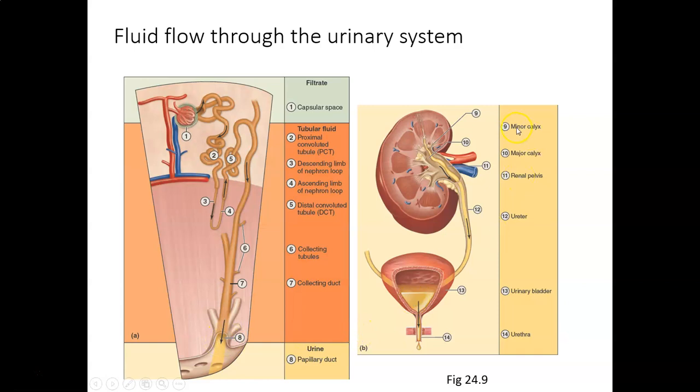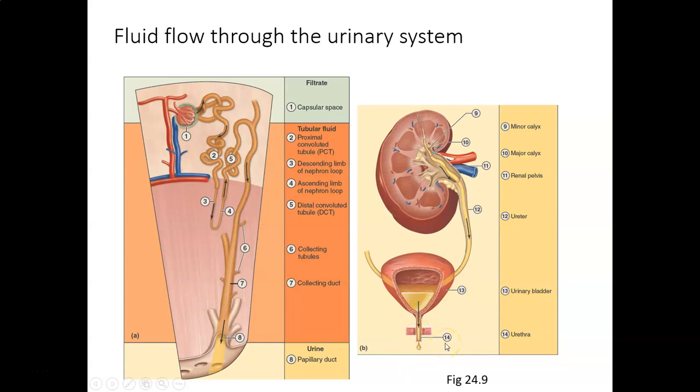And then you have number 9, which will be the minor calyx and the major calyx. Basically the connecting sinuses become bigger and bigger, and then it's called the renal pelvis before it drains out into the ureter, and then the ureter goes to the urinary bladder, then the urethra, then comes out.